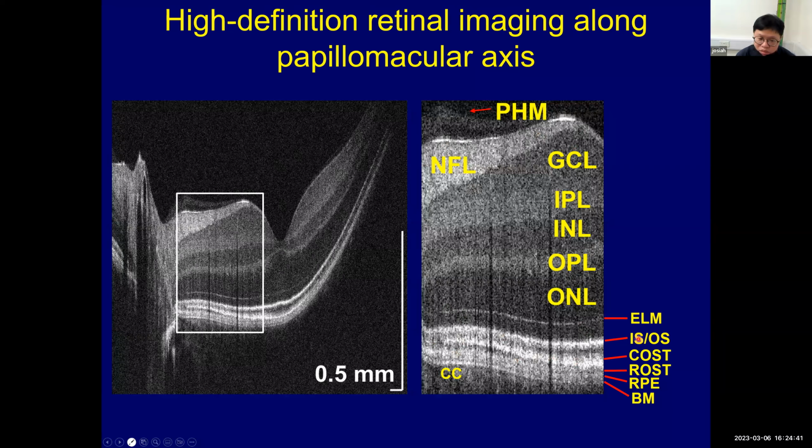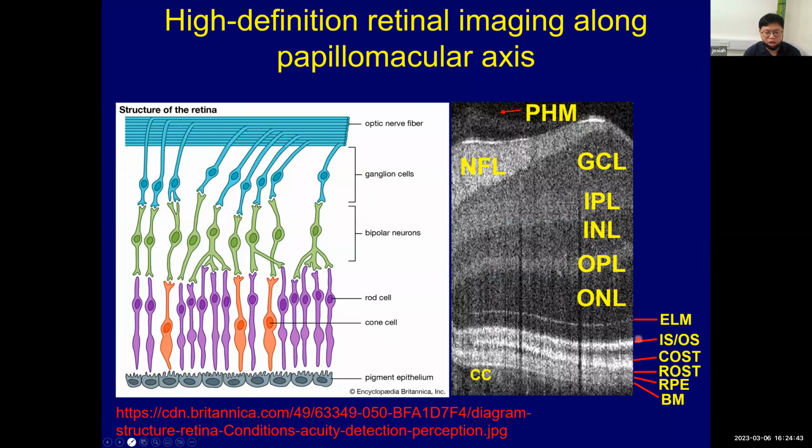To help you understand, these layers correspond to different types of cells in the retina, and they all have different functions. Their thicknesses and contrast can be important as biomarkers for a lot of retinal diseases.